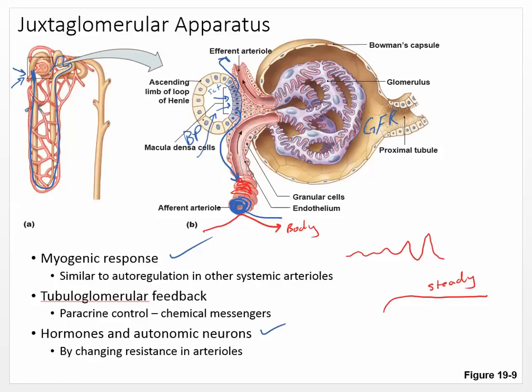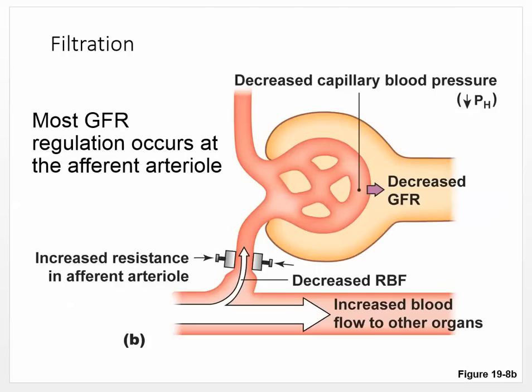And it's monitoring it through this thing called the juxtaglomerular apparatus. And that's what this entire thing is here. So let's say we want to change our GFR. Let's say things are moving through too quickly. It's very, very fast moving through there, and we want to slow it down. We want to decrease that a little bit.